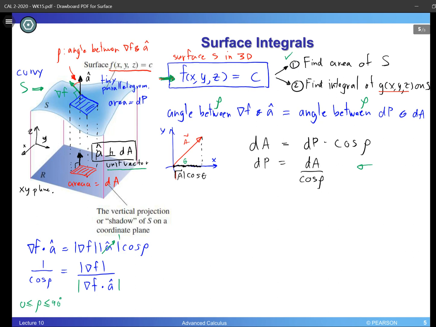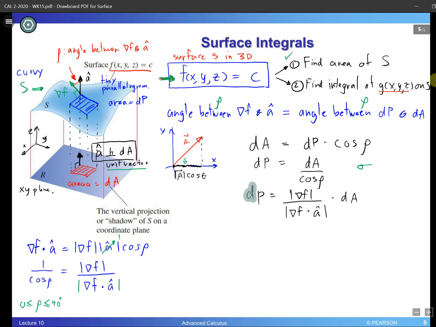So let's put it right here. So in the end, we have dP equal to 1 over cosine rho, which is the absolute value of the gradient of f, divided by the absolute value of gradient of f dot a hat, times dA.